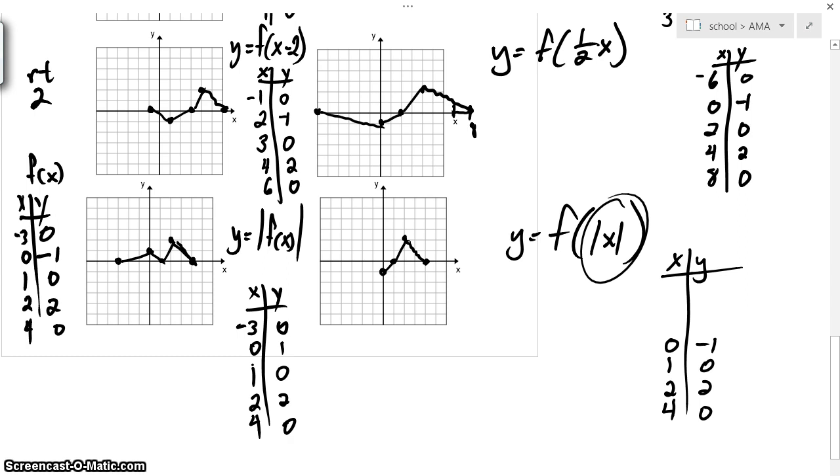But something very interesting is going to happen when you're taking the absolute value of this negative 3. You need to realize that the absolute value of negative 3 is actually going to arrive at a positive 3. And that should give us something to think about.